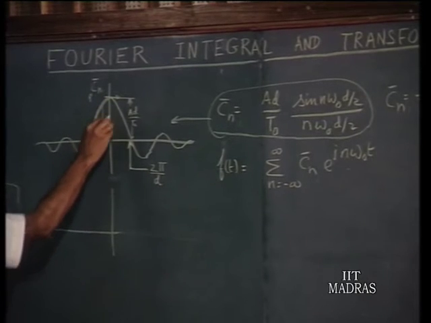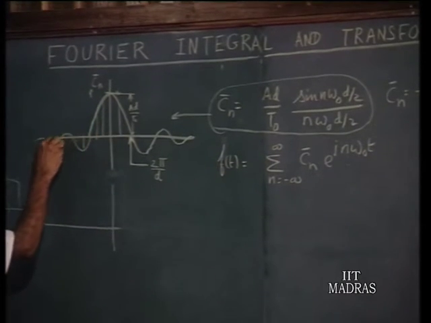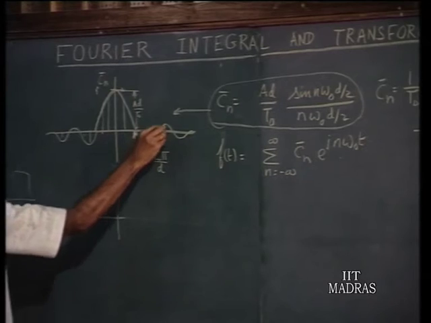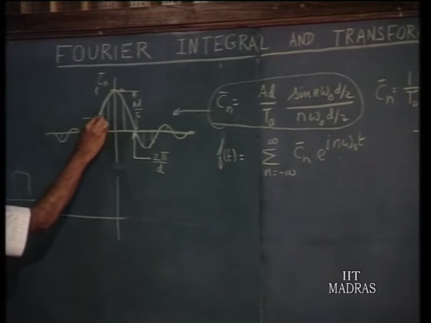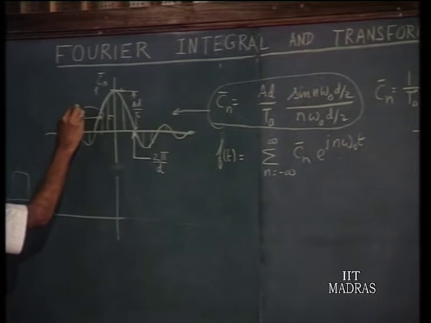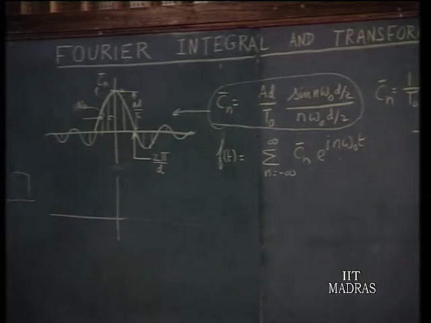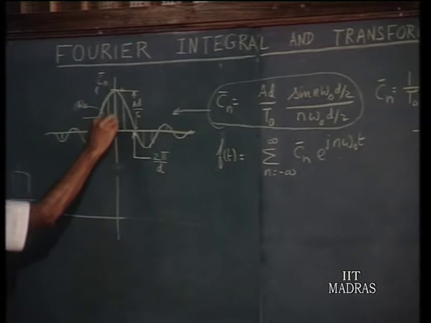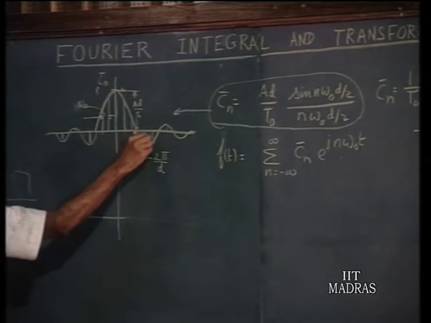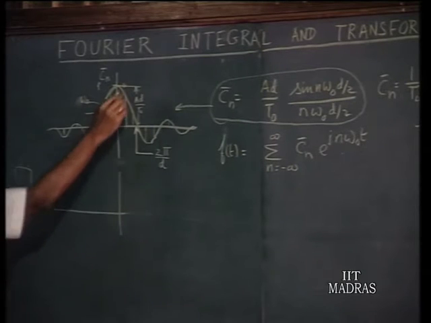This is the envelope. What we have drawn is the envelope. The actual C n will be at discrete points on this, with the spacing between two lines being delta omega naught, the fundamental frequency. So, the actual C n's will be present only at discrete points, and this is a line spectrum.